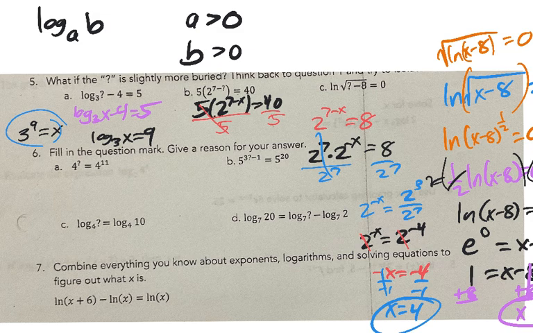So anytime we solve and find a value, we always have to plug it in to make sure it doesn't give an illegal answer.